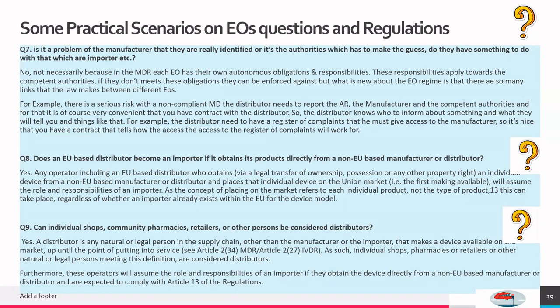Yes, a distributor is any natural or legal person in the supply chain other than the manufacturer or importer that makes a device available on the market up until the point of putting into service. As such, individual shops, pharmacies, or retailers or other natural or legal persons meeting this definition are distributors. Furthermore, these operators will assume the role and responsibilities of an importer if they obtain the device directly from a non-EU based manufacturer or distributor, and are expected to comply with Article 13 of the regulation.